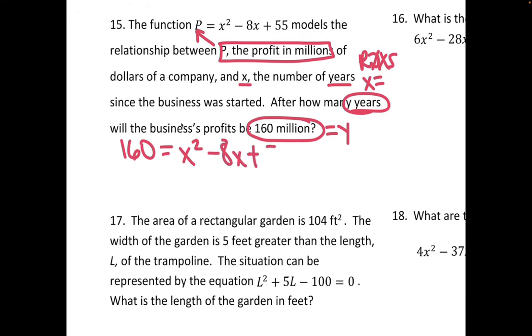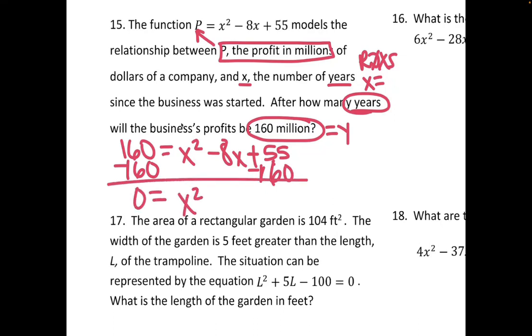And again, in order to graph this, we have to set it equal to 0. So we will end up graphing x squared minus 8x minus 105. And we're looking for the roots.